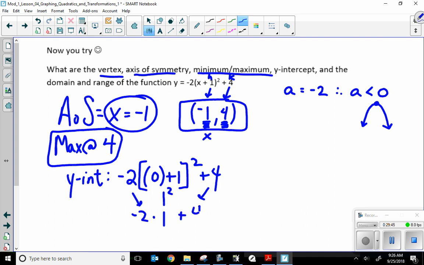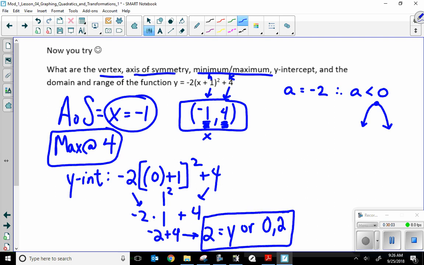This is -2 plus 4. My y value is 2. That's my y-intercept. That's at y equals 2. Or if you want to write it as a coordinate, (0, 2). Easy. That's really the only math we've done so far, calculating.